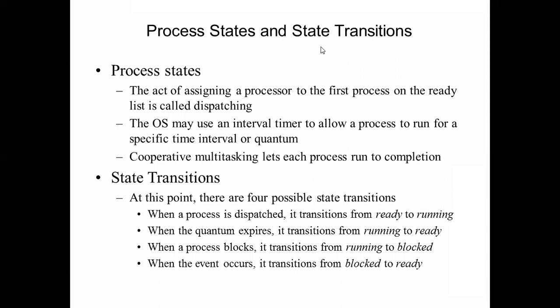The OS may use an interval timer to allow a process to run for a specific time interval or quantum. There are a number of processes that will wait, and any one process will go to the processor. These processes will wait in the ready state.